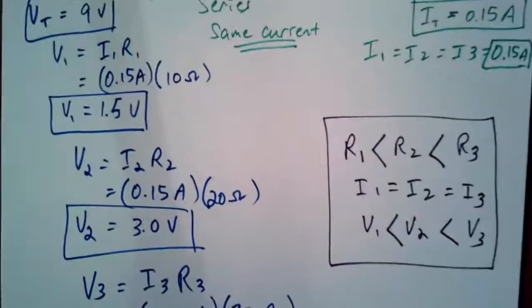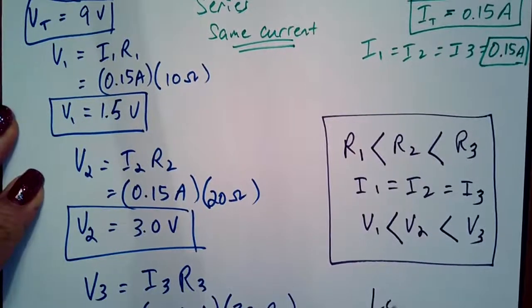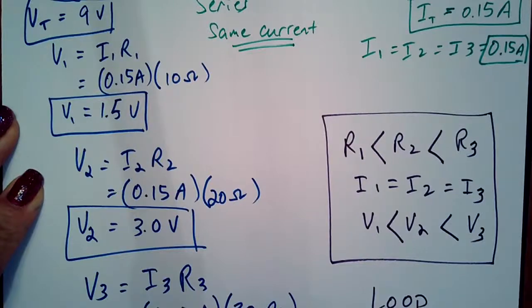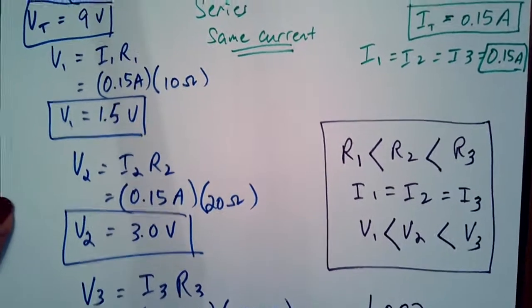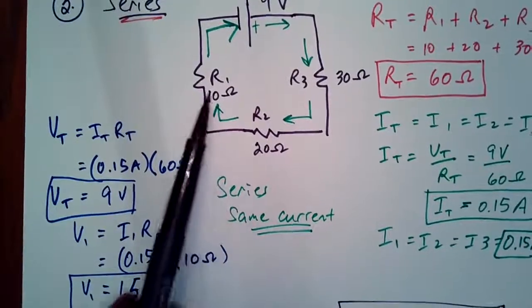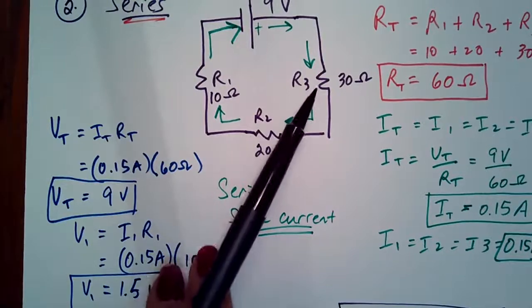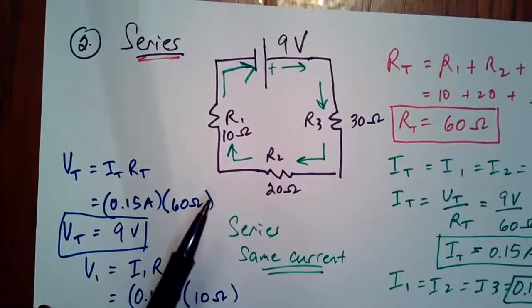So we looked at, in this case, a series circuit, so it is a loop. There's only one path to follow. So if you were to turn on R1 and you don't want R2 and R3 on, you really don't have a choice.